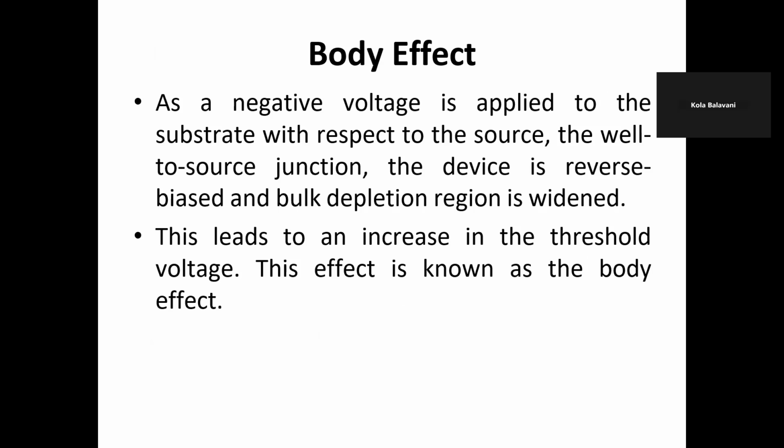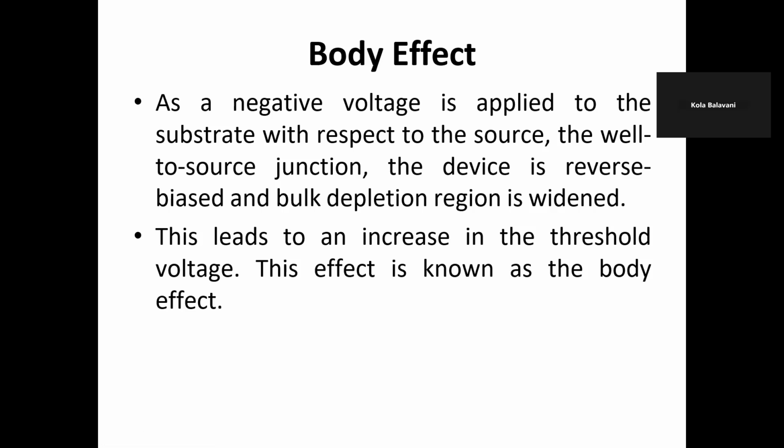Now the body effect. Generally, the body is the substrate of the MOS device. When a negative voltage is applied to the substrate with respect to the source, the well-to-source junction of the device is in reverse bias. Suppose you consider an NMOS device, the substrate is made of p-type material.